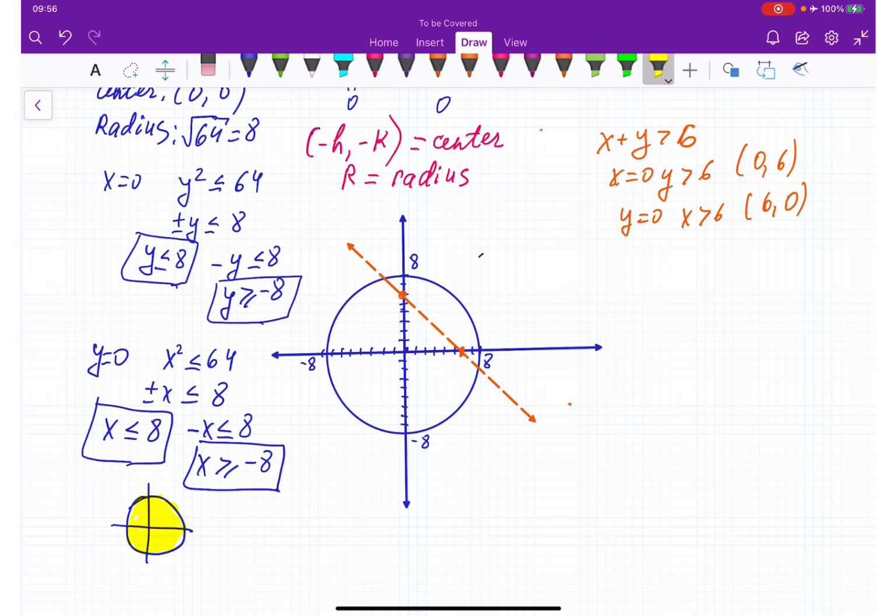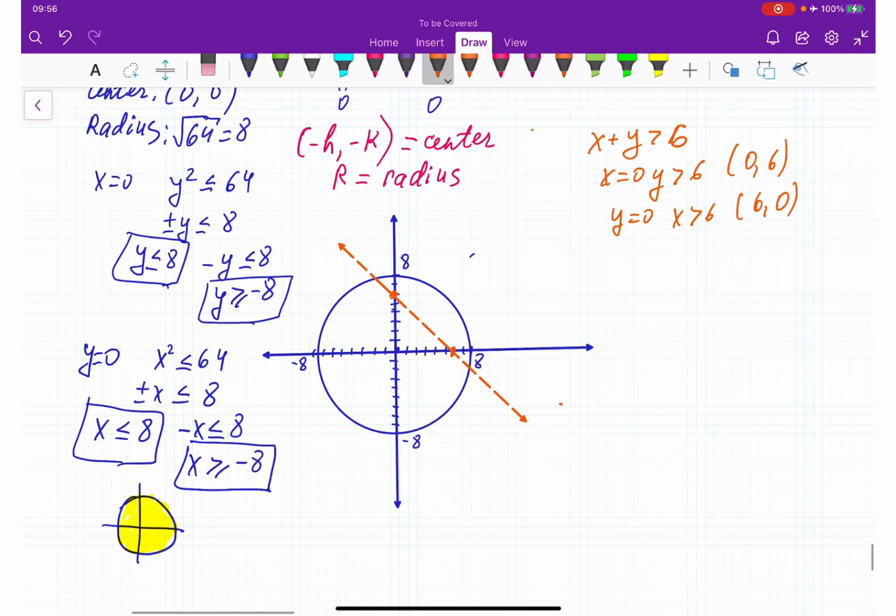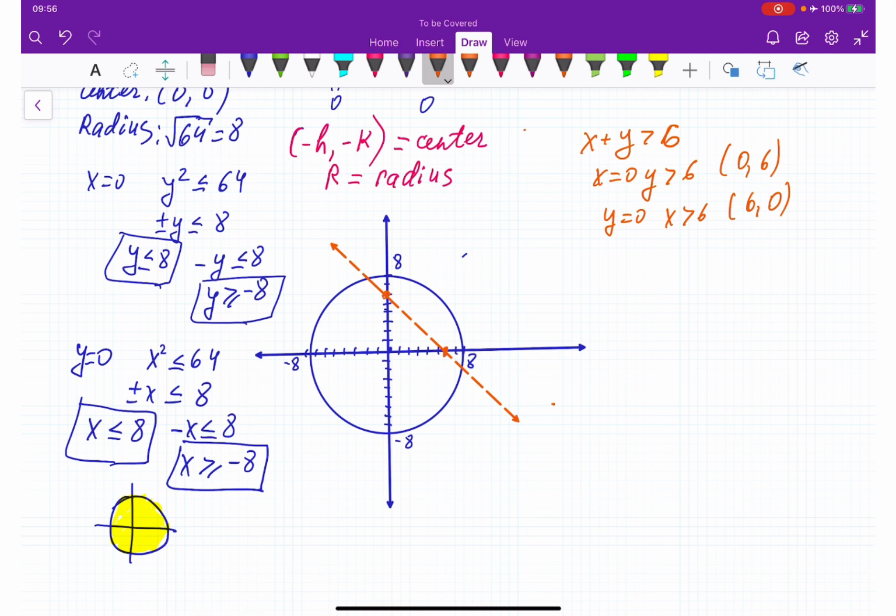Okay. Now this one. So what do we have here? We know the entire circle is inside. Now let's find the common part with this linear inequality. So y is greater than 6, this is 6, so it's coming greater. Let me mark down, this is 6. This is also 6.